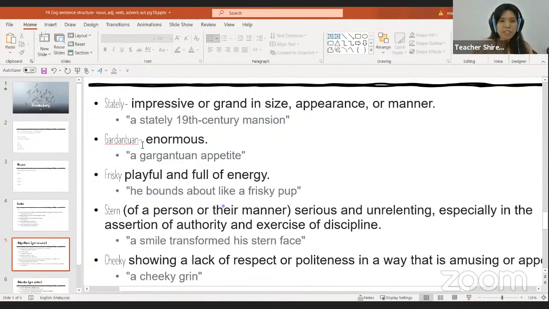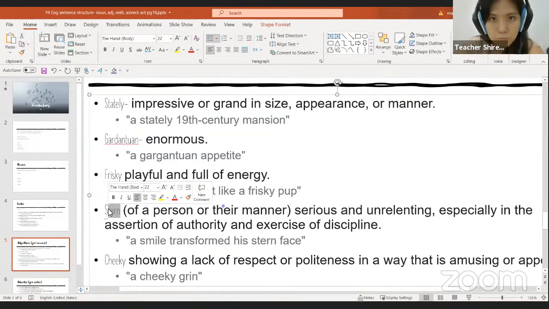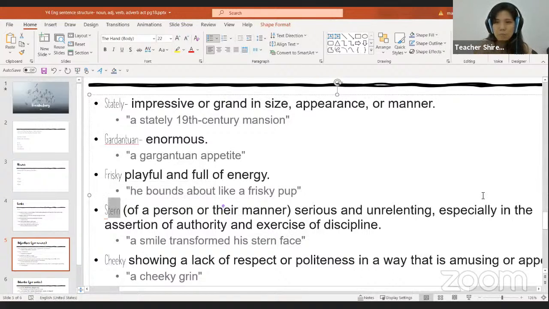Next, frisky. Frisky is like playful. A frisky little cat. So the cat is like very playful, or you can say the pup is very playful. That's called frisky. Next, stern. I give you a stern look. That is my stern look. In simple words, stern is very serious. So does teacher Shirin give you stern look most of the time?